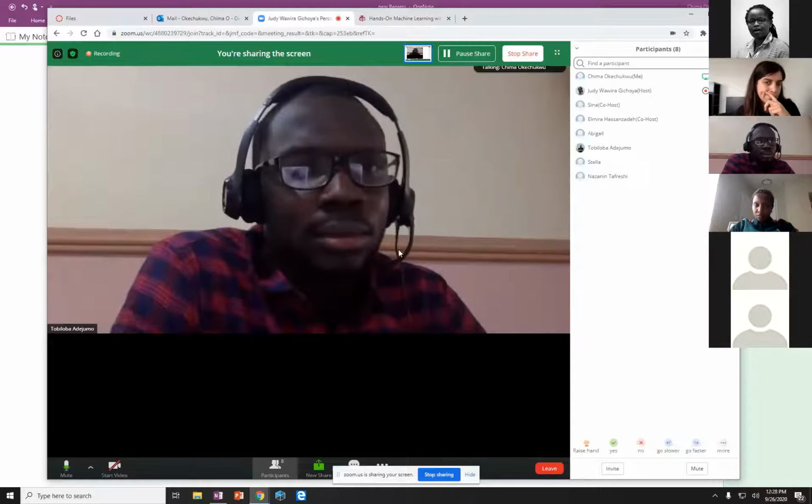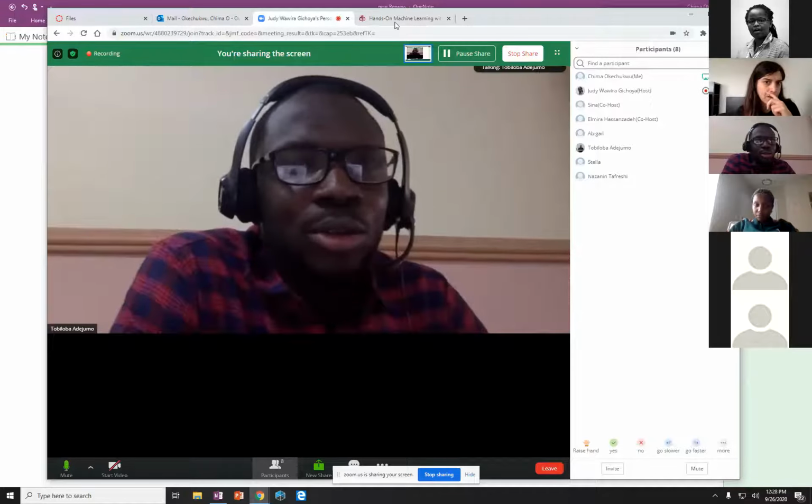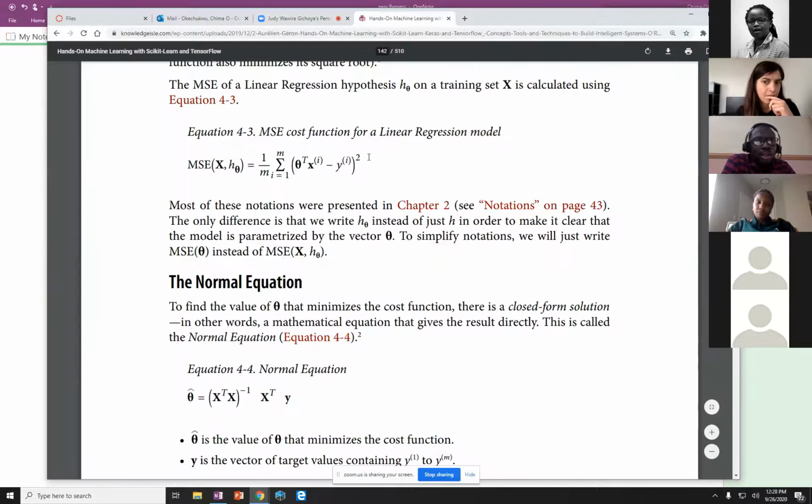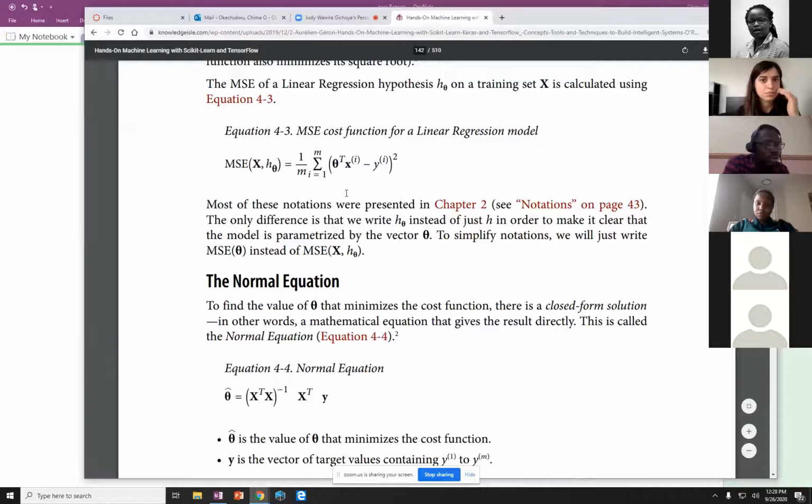Does that make sense? Yes, and also with the formula, the theta transpose x, what's that? Is it y predicted? Because most materials online you'd see the y that you have minus the y that was predicted. Yeah. Because of the square, the order doesn't matter.